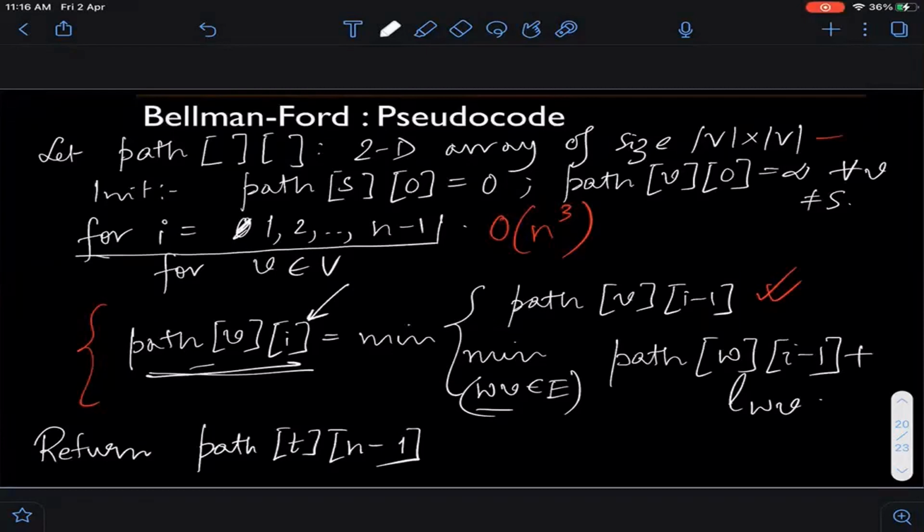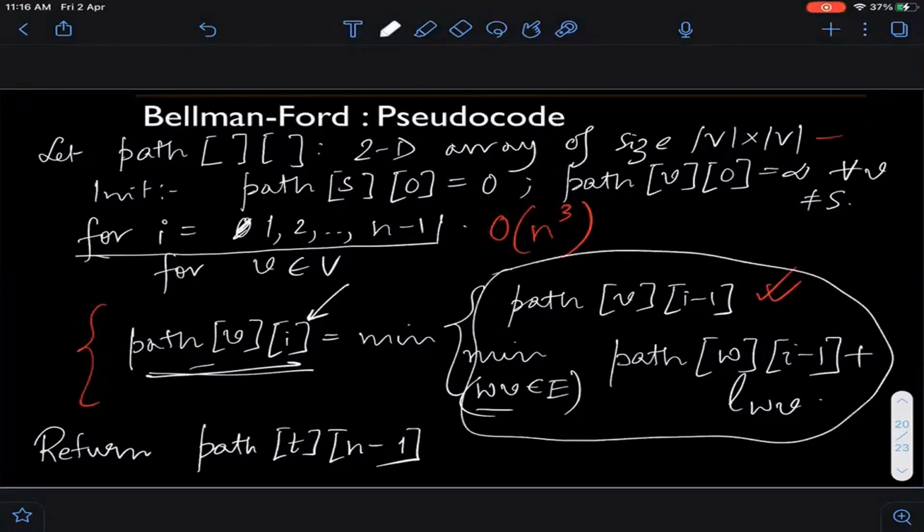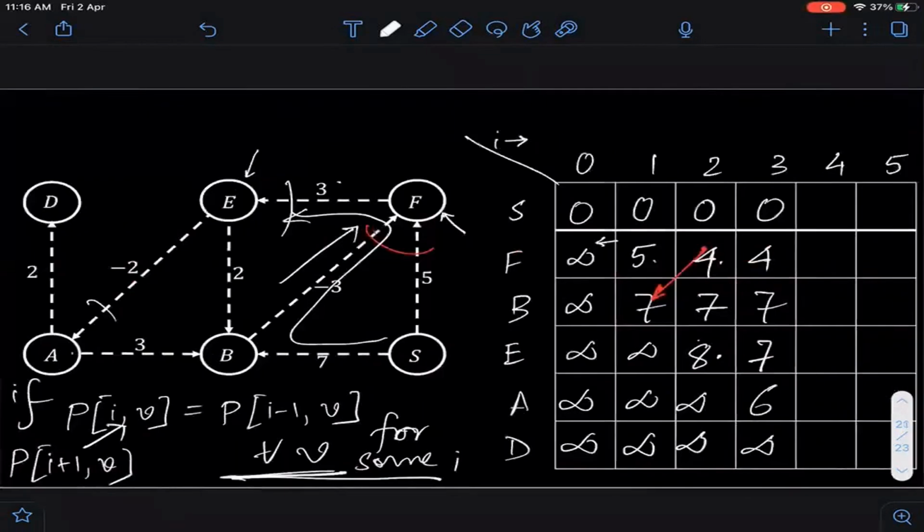Well, the only column that you are looking at is the column which is immediately on your left. बाकी तो कोई भी column आप use नहीं कर रहे हो. ठीक है? So when you are at the ith column, the only column that you are using to compute the shortest path length, that's just the column I minus 1. ठीक है? तो आप बस उसको स्टोर कर लो, फिर आपको बाकी सारे स्टोर करने की जरूरत है ही नहीं.